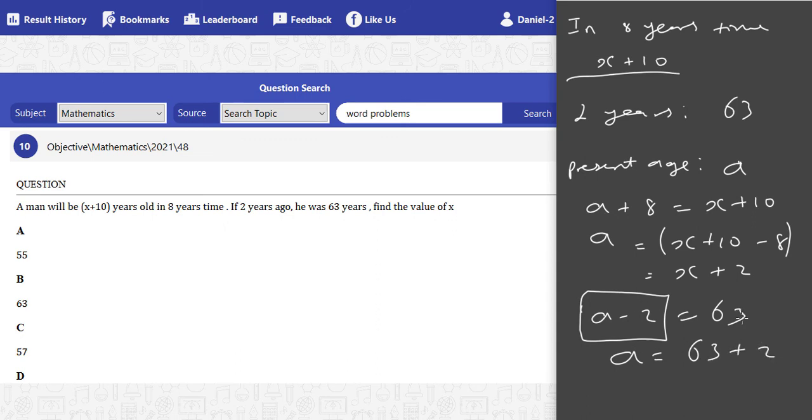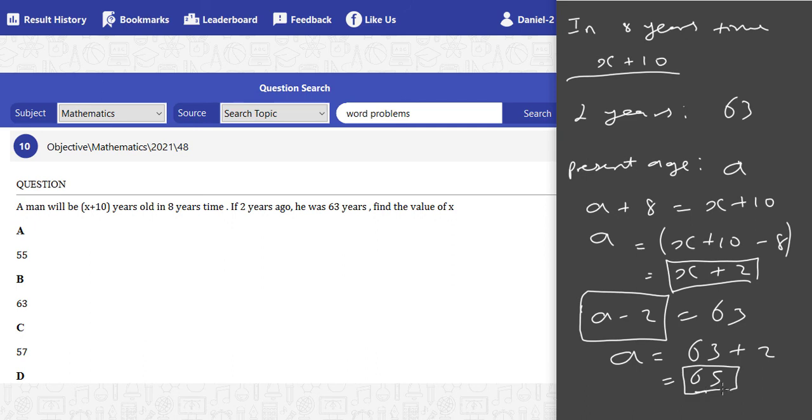That is, if you take this to this side, 63 plus 2, right? That means his present age is 65. So now that we've found a way to represent his present age with the two pieces of information, his present age with the first information is x plus 2, and his present age with the second information is 65.